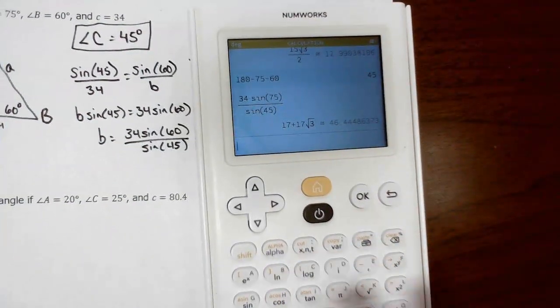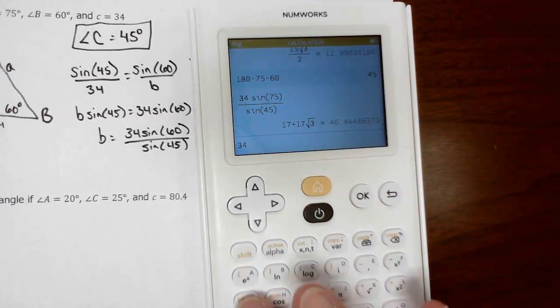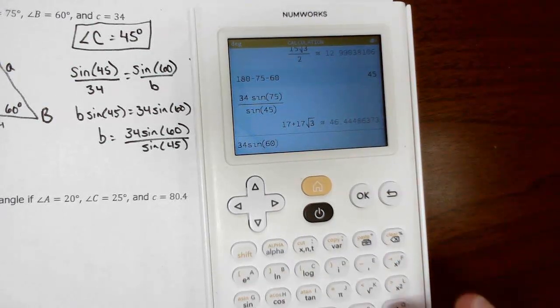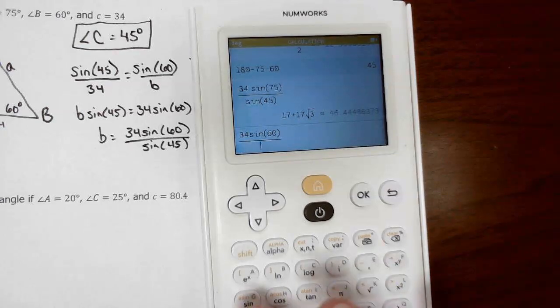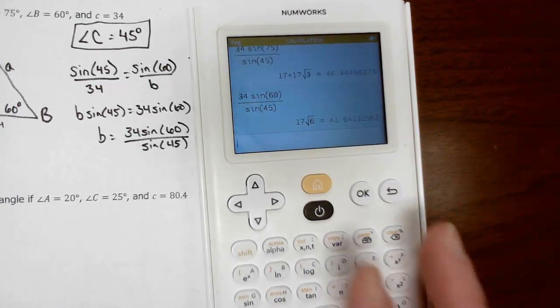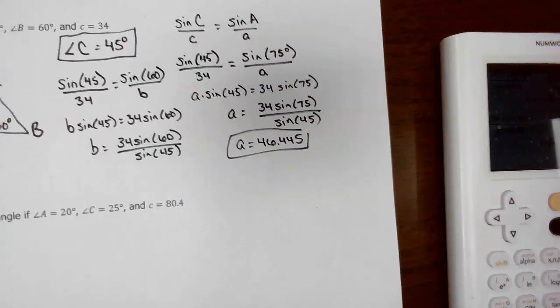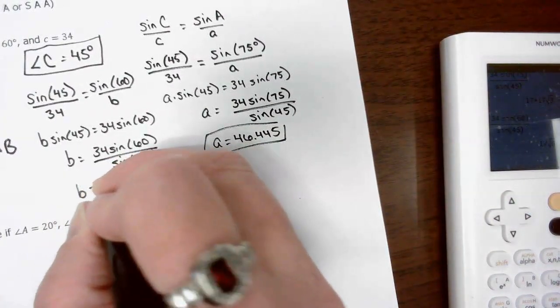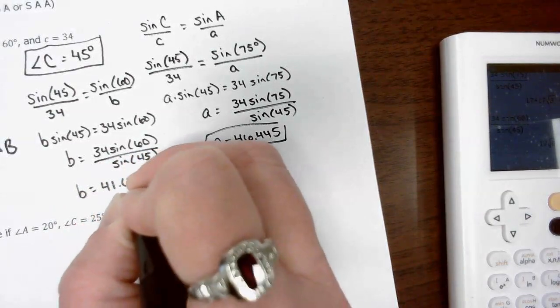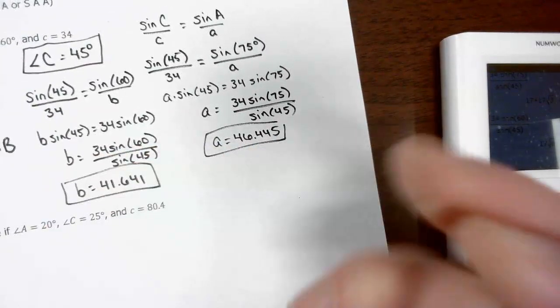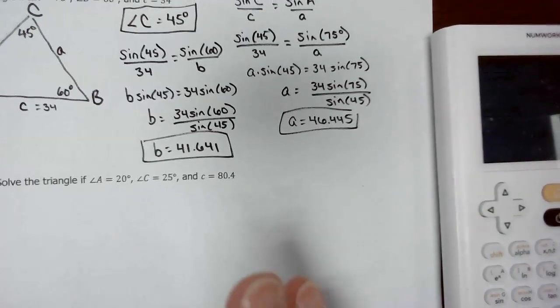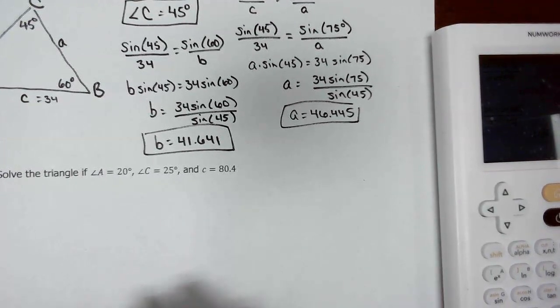So I would have 34 sine of 60 divided by sine of 45. And that is giving me 41.641. So now we have found all the angles and all the sides of a non-right triangle.